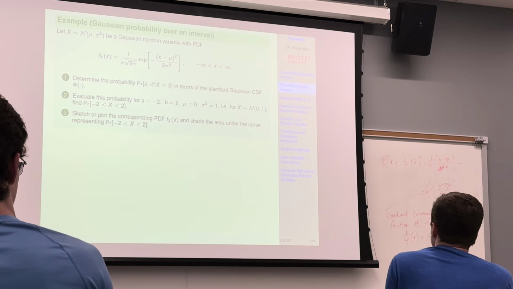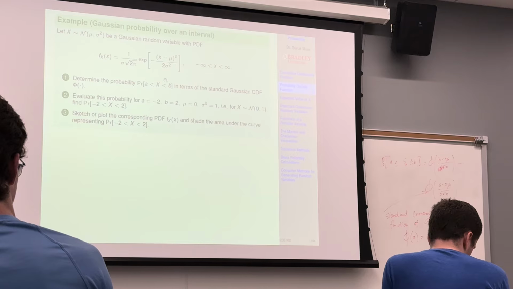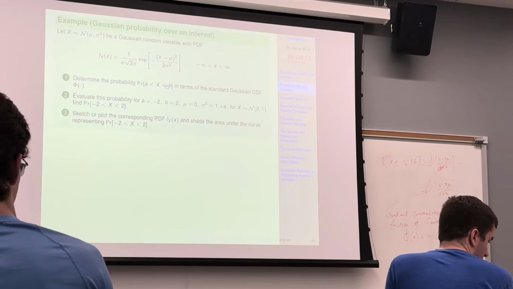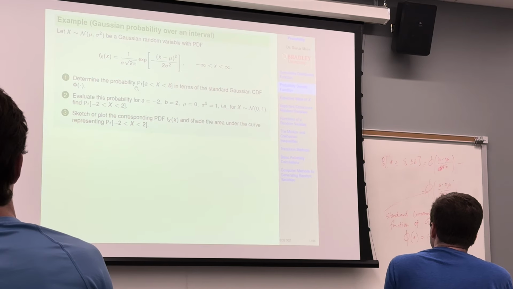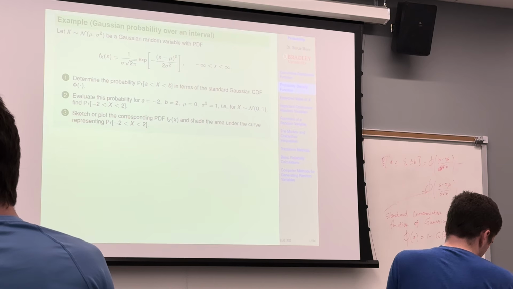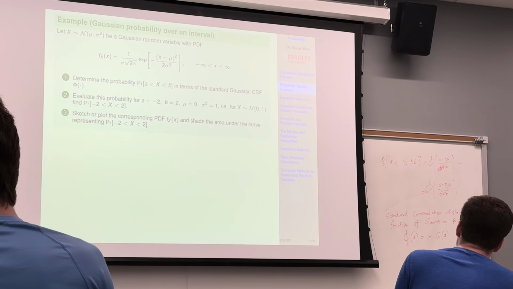Look at this probability that A is less than or equal to X less than or equal to D. We already solved this sort of probability using the Q function. But the example that we just solved is still finding this probability, after we formulated it using the central limit theorem.